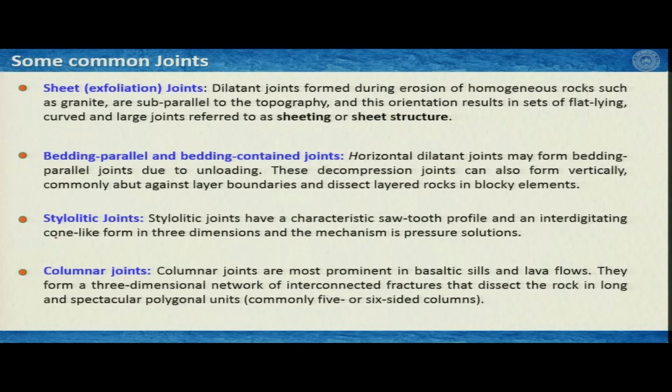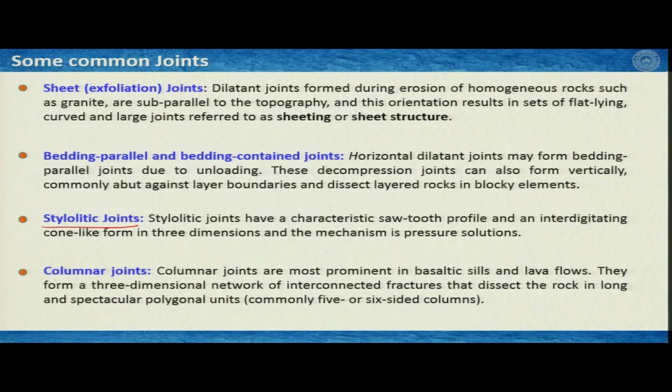We have learnt about stylolites in one of the previous lectures when we were talking about diffusion creep. Stylolites are actually a kind of joint, and stylolitic joints have a characteristic sawtooth profile. In other joints the surface is more or less straight and flat, except for plumose related or rib related undulations, but stylolitic joints are essentially different because these are amalgamated.